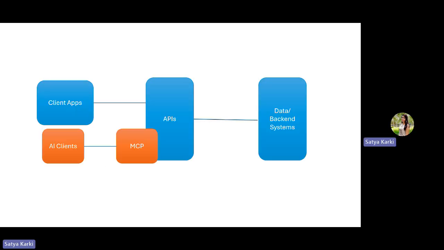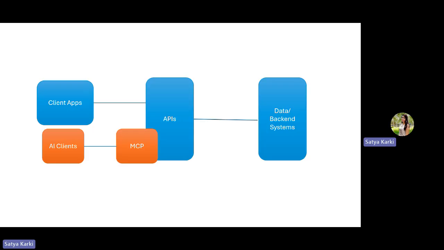So normal client applications, as you can see in the diagram here, call the APIs directly. They can interact with the backend systems and our database through the APIs, or some monolithic or old-design applications directly call the backend systems.